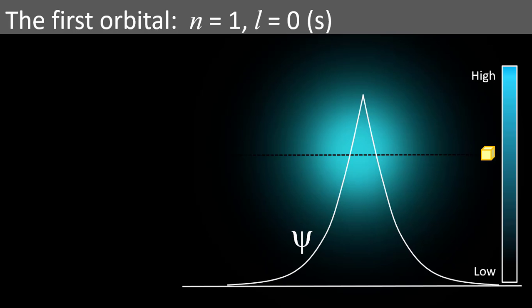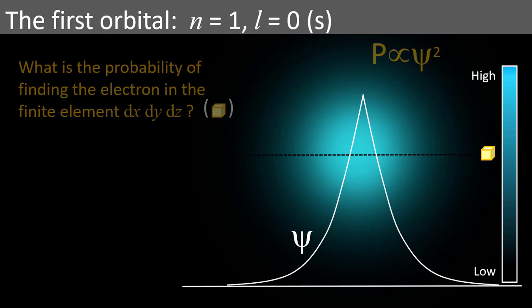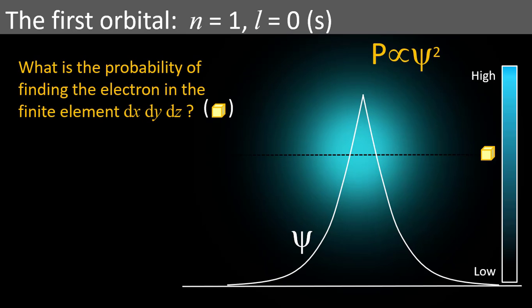The probability amplitude is not the probability. To turn this into something meaningful to us, we square the probability amplitude to give us a function which tells us the probability of finding the electron in different places. Let's do the same thing, moving from one side of the atom to the other to give us a very similar looking function. Points to note.